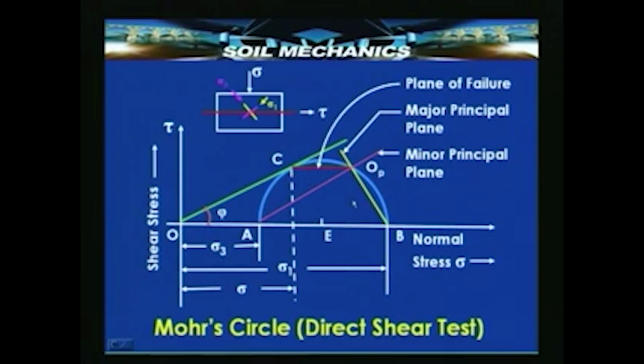Now, from this one can find out the values of cohesion and friction. Being a direct shear test which is drained, where drainage cannot be prevented, we only get an angle of friction phi, cohesion is 0.